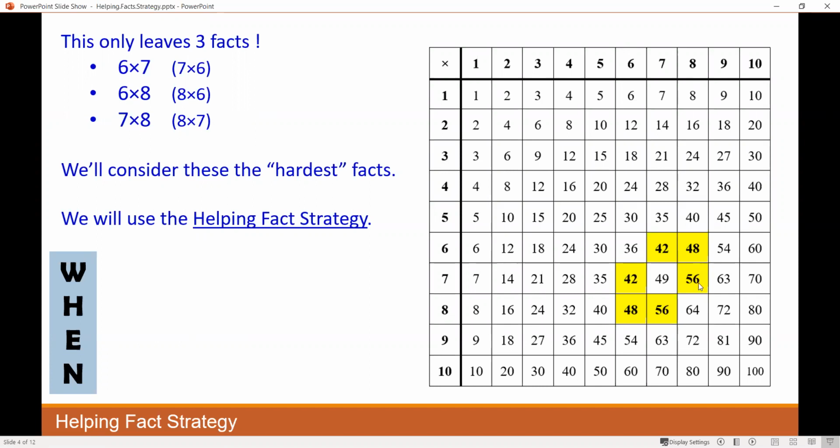I can just memorize that. Well, the brain doesn't really work that way. If you just try to memorize it without a reason or without any meaning, you will have a difficult time remembering it. It's best to have a strategy and something that has meaning, something that you can connect it to in your brain, and therefore you will remember it.